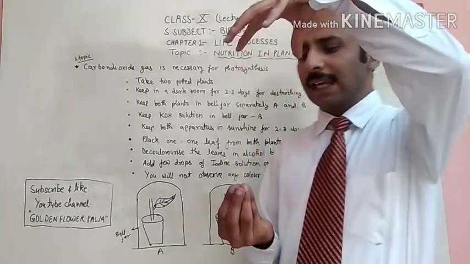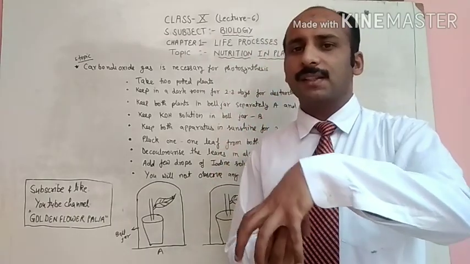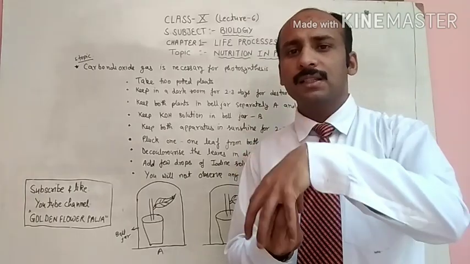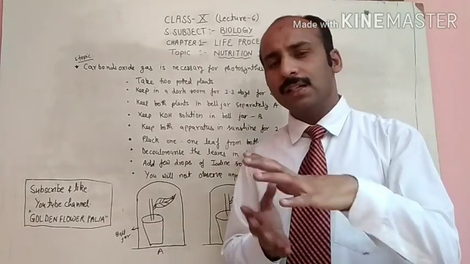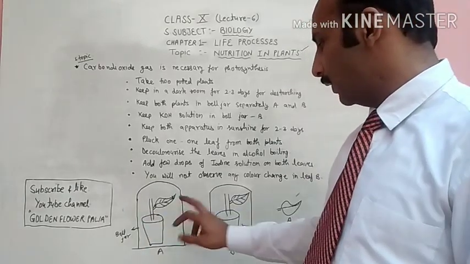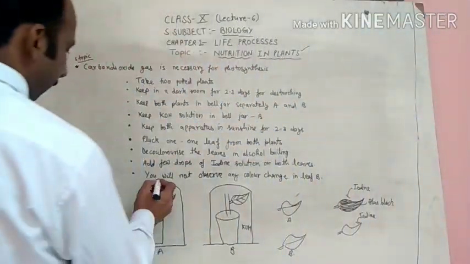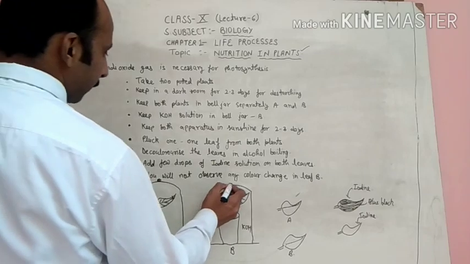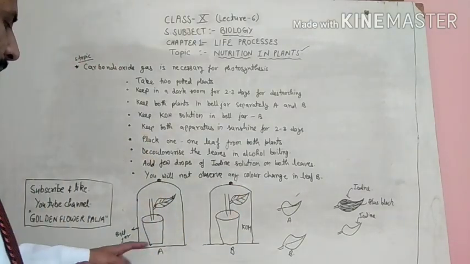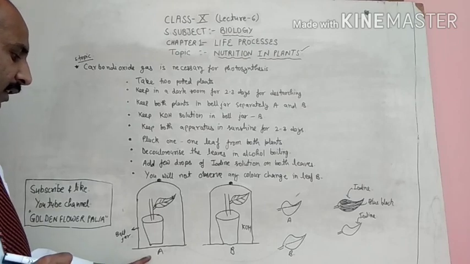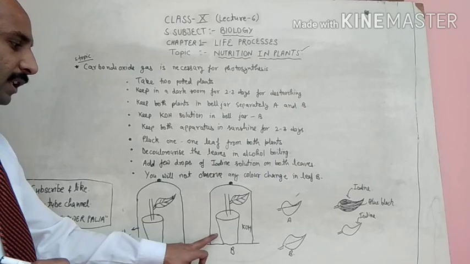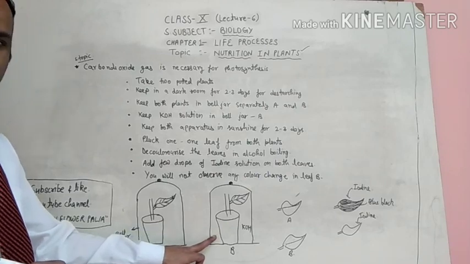So we can cover any potted plant by keeping this bell jar over it. We take the two potted plants and cover them with bell jars separately: one plant in bell jar A, one plant in bell jar B.